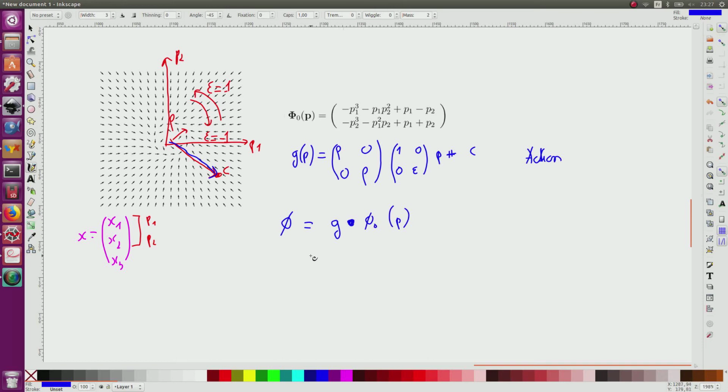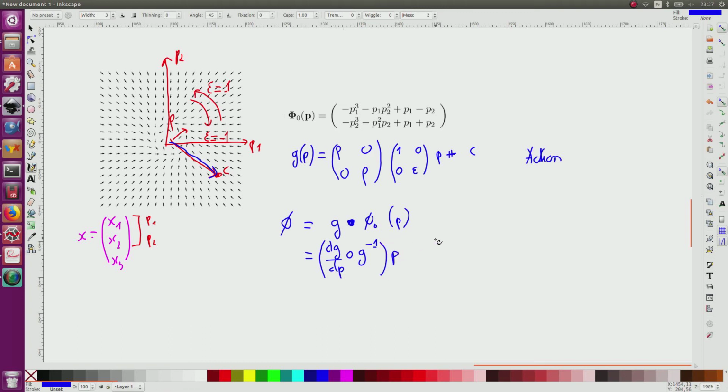So recall that this operator is defined as follows. It is the Jacobian of J with respect to P, composed by J minus 1. So this one is invertible. J is a homeomorphism, so it is smooth and invertible, and its inverse is also smooth.